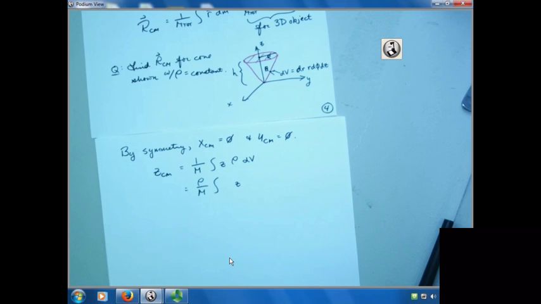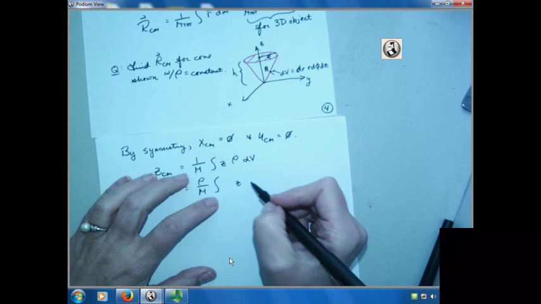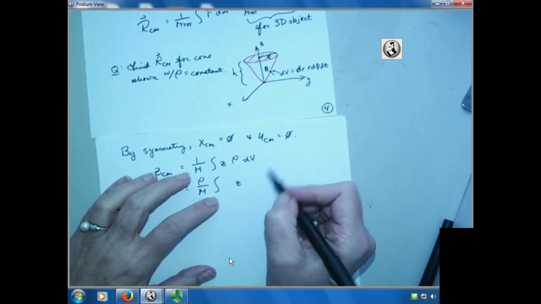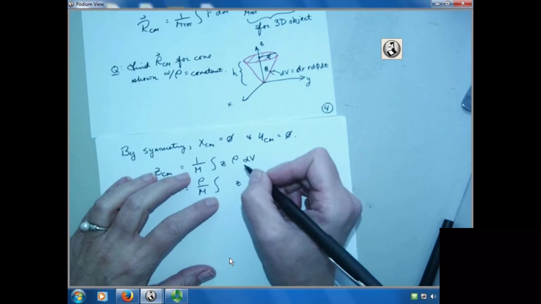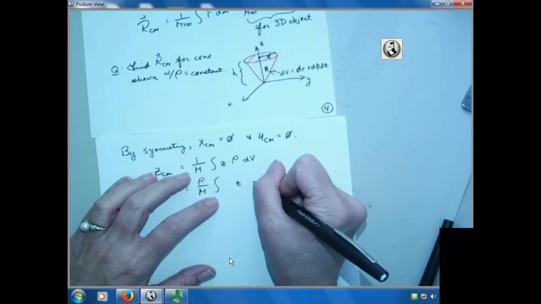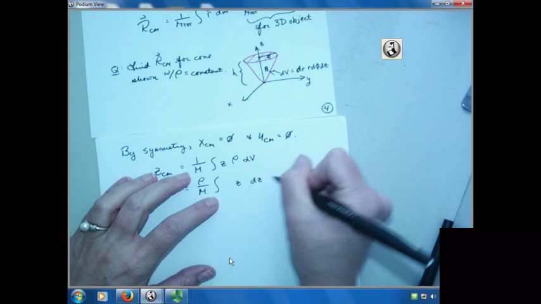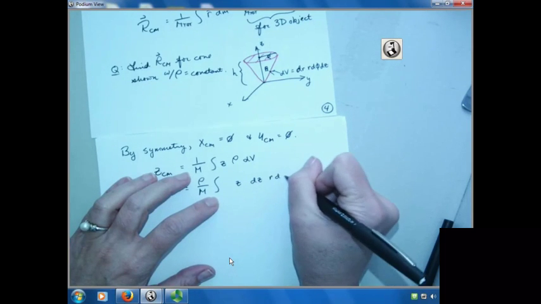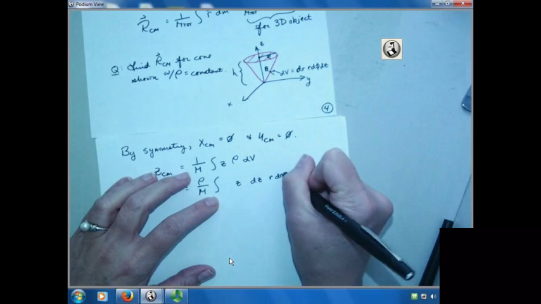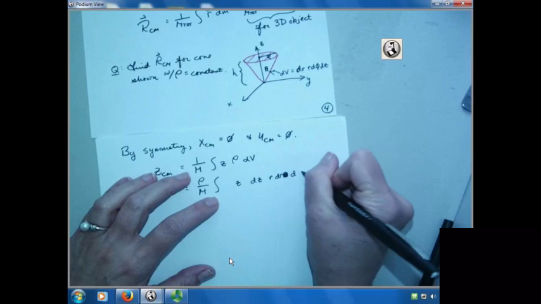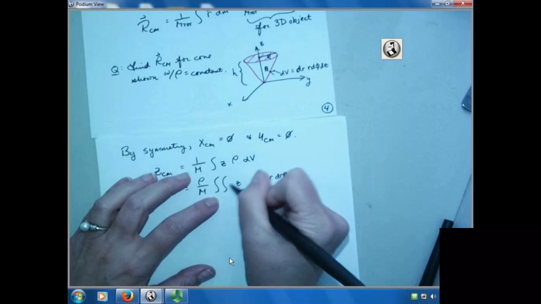All right? So I'll go ahead and plug that in. I'm going to write it in a slightly different order, though, because I want to do my dz last. So I'm going to write it as dz r dr times d phi.